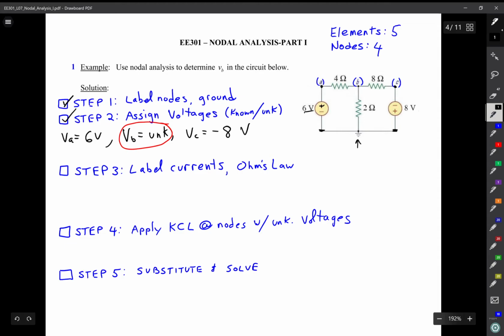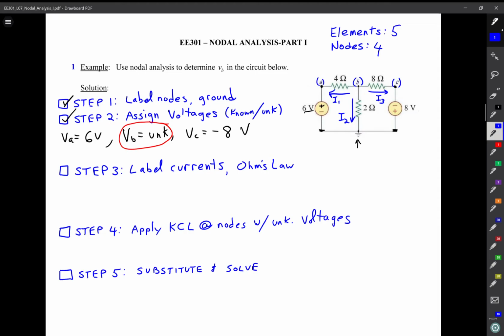Let's go on to step 3. We want to label the currents and use Ohm's law to define those currents in terms of the node voltages. Okay, let's define those currents as I1, here's I1, here's I2, and here's I3.